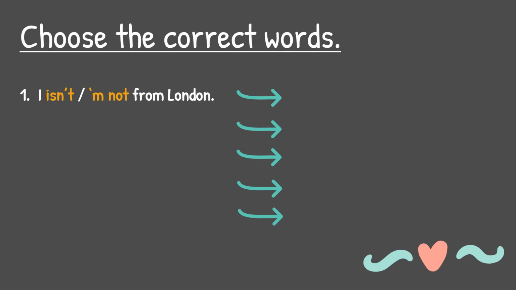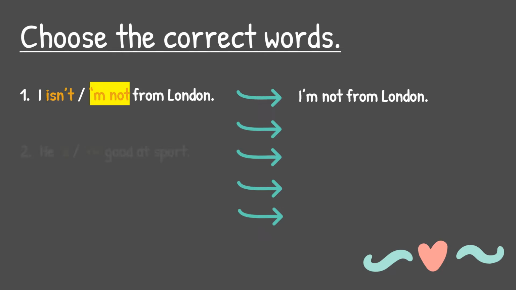What's the answer? The keyword is I. So I cannot use isn't. Yes, so the answer is am not. So it will be I'm not from London.